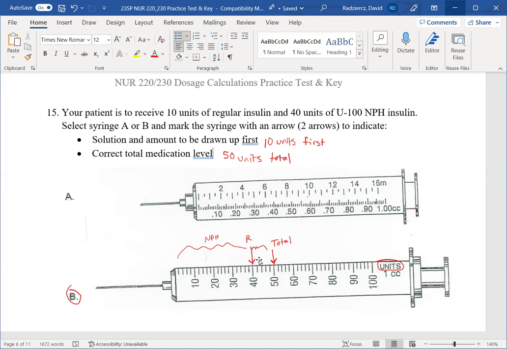Gotcha. Yeah. Thank you. You're welcome. When I first started doing these reviews and I first saw this, I would always tell people to put an R mark at 10 and then a mark at total, because I took it literally, as if you were doing it.